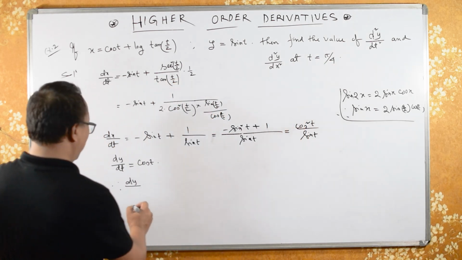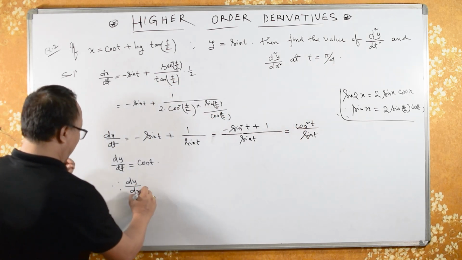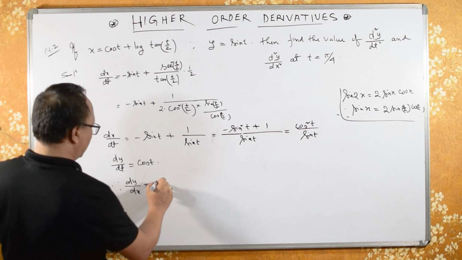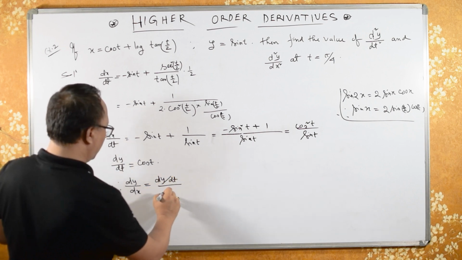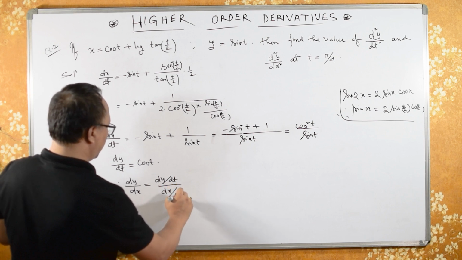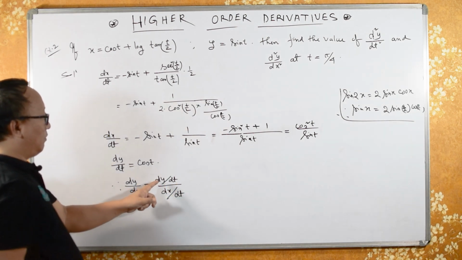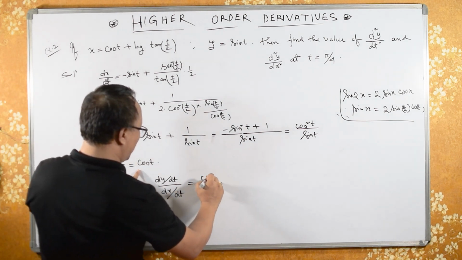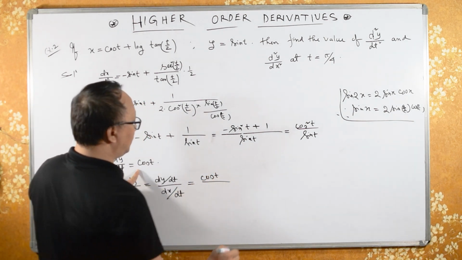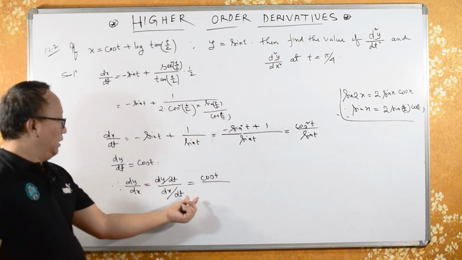Dy by dx is the same as dy by dt upon dx by dt. What is dy by dt? Dy by dt is cos t upon dx by dt.